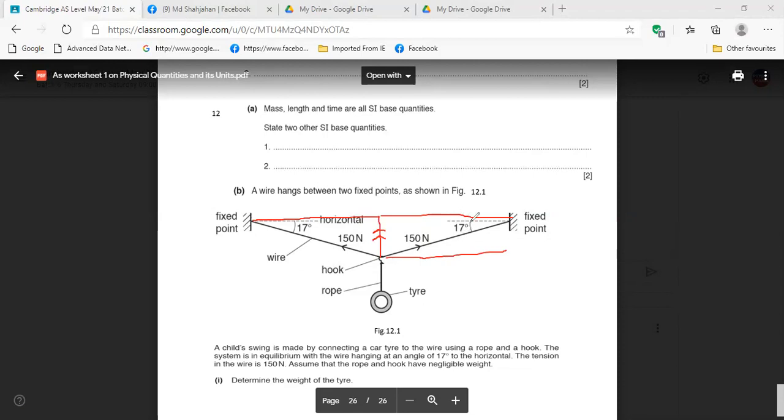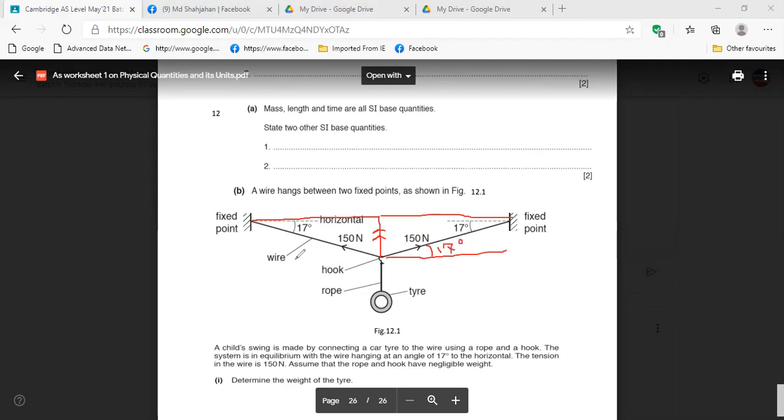Think of 17 degrees. These two lines are parallel, right? This line intersects these parallel lines. So if it is 17, then this 17 will be an alternate angle, right? So we are getting here an alternate angle of 17 degrees.